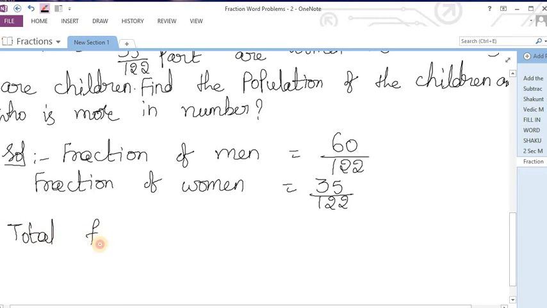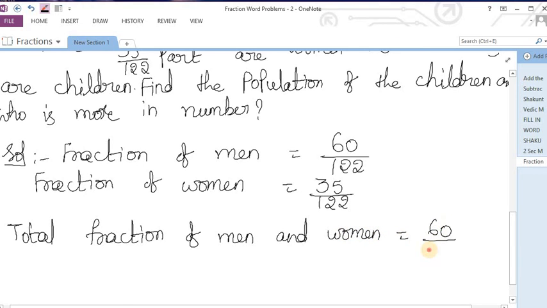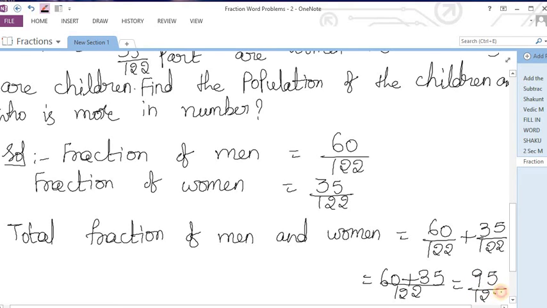Total fraction of men and women is 60 by 122 plus 35 by 122. When the denominators are the same, just simply add the numerators. So the answer is 95 by 122.